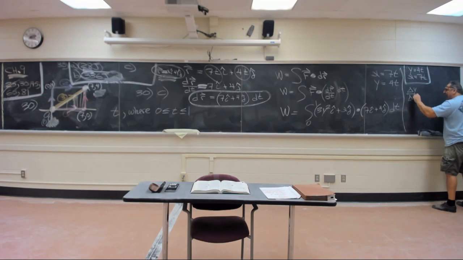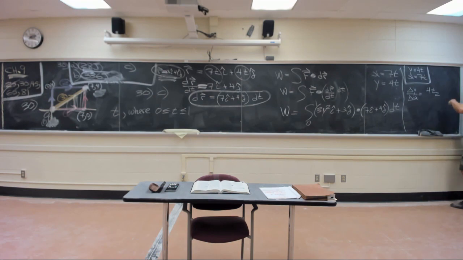Delta y over delta x: this guy is going at 4t, so 4t2 is where he went after time t2, and he started at t1. T1 start, t2 end. 4t2 is the location in the y direction at time t2, and 4t1 is the location in the y direction at the earlier time t1. Same argument in the x direction.